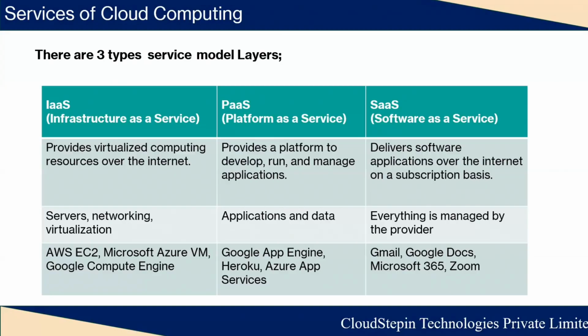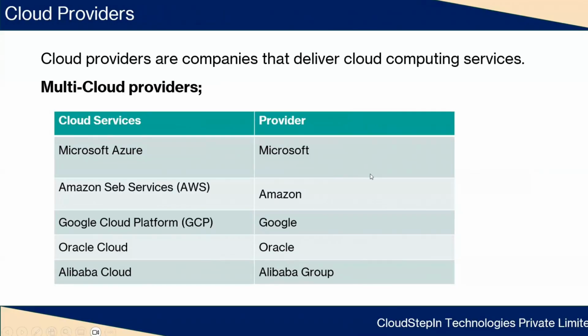And the last one, SaaS, means software as a service: software accessed over the internet and fully managed by the third-party provider. Examples of SaaS are Microsoft 365 and Gmail. These are the main cloud providers available in the market.